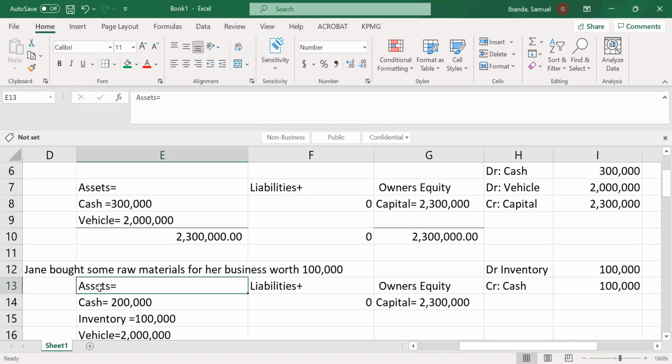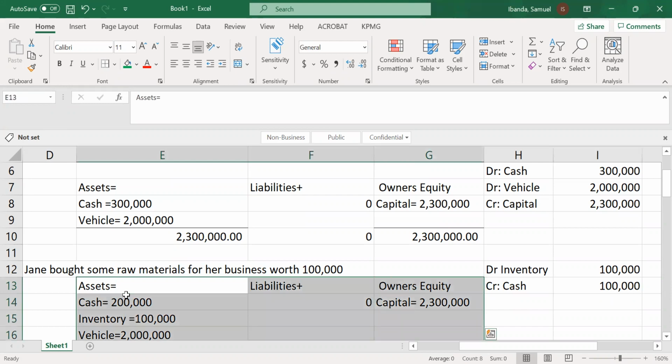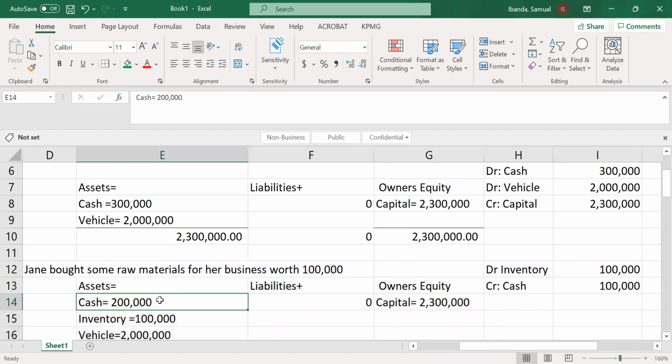This is the accounting equation, and that principle works for the accounting equation. That's why we have 200,000 here, because cash was reducing from 300,000 to 200,000, and inventory was freshly 100,000.